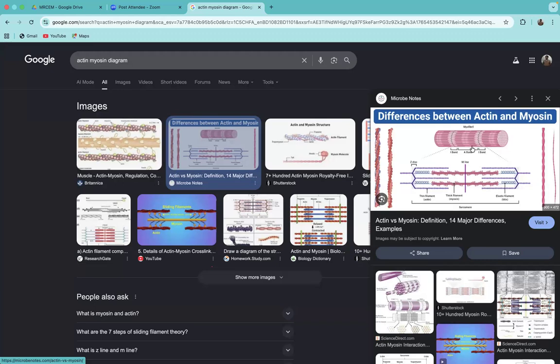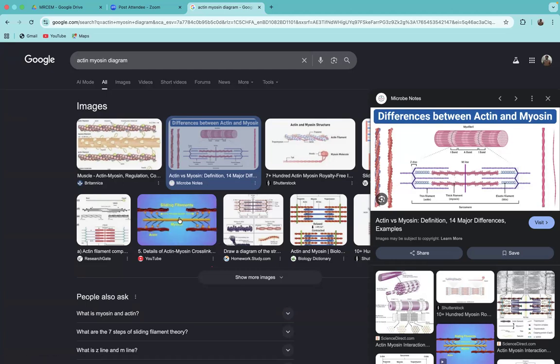The A band is the darker part. The I band is the lighter part. In between the Z bands there is the H band as well, and there is a Z band at the end of every sarcomere. This is the Z band, and from here to here is one sarcomere.